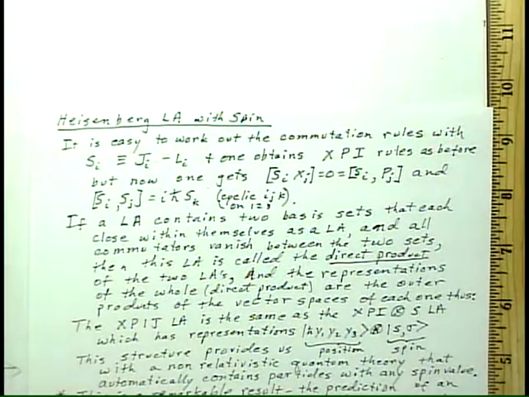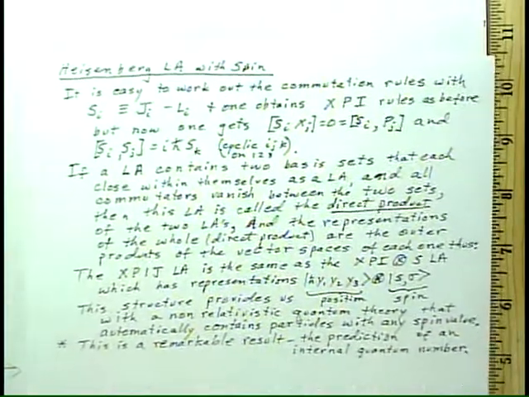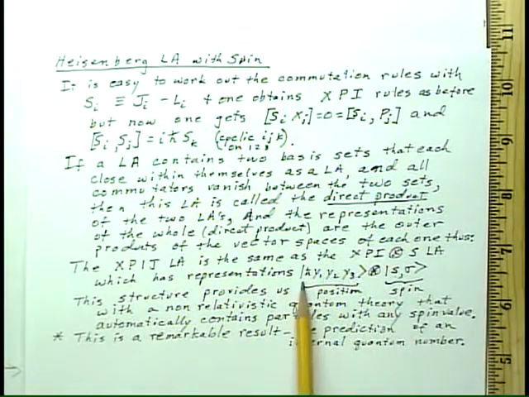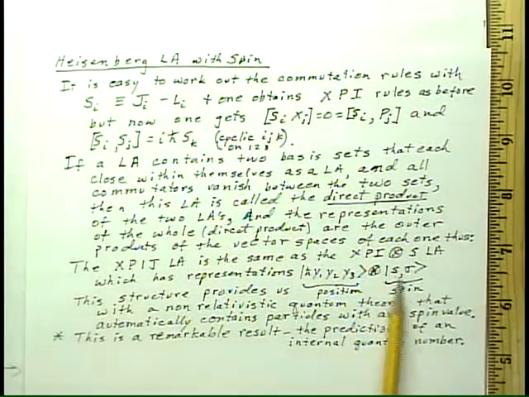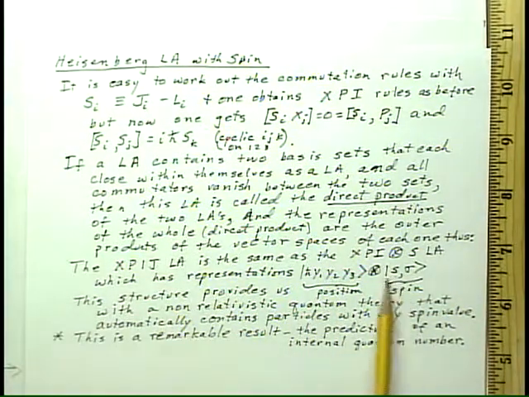This structure provides us with a non-relativistic quantum theory which automatically contains particles that have any spin value. And we notice how naturally the spin value comes in. It's simply adjoined to our regular quantum theory. So whatever quantum theory we have, we can adjoin those states with any spin state. And we see, therefore, that our previous spin state was simply a spin of 0, where this was the trivial representation here.